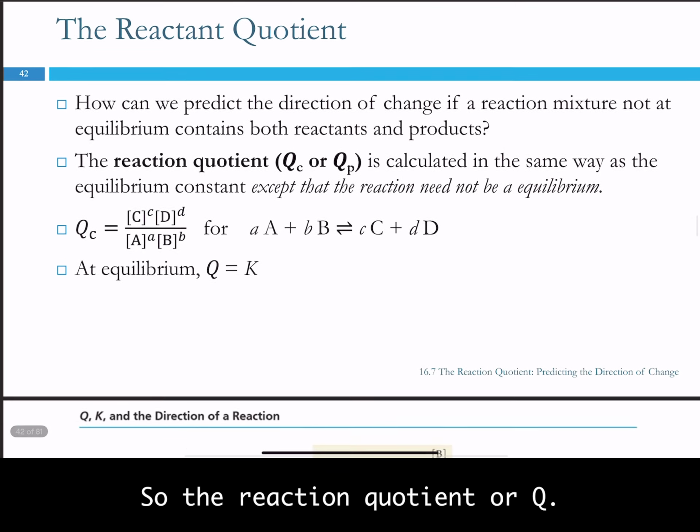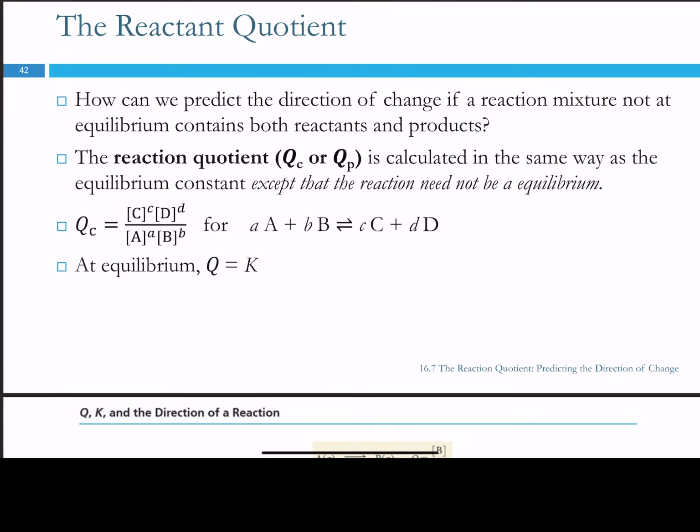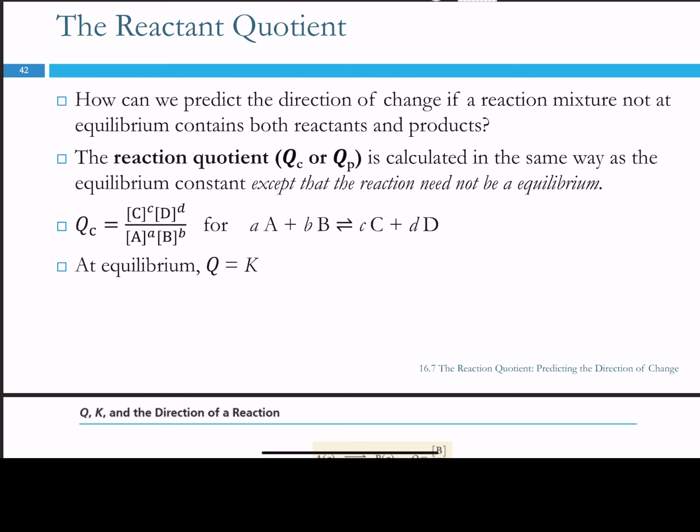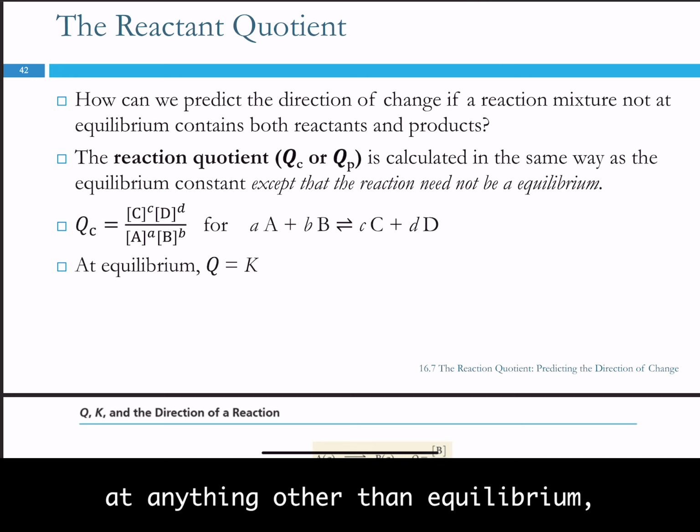So the reaction quotient, or Q. Generally, we use Q to represent what is essentially the equilibrium expression, or if we calculated K, at anything other than equilibrium.